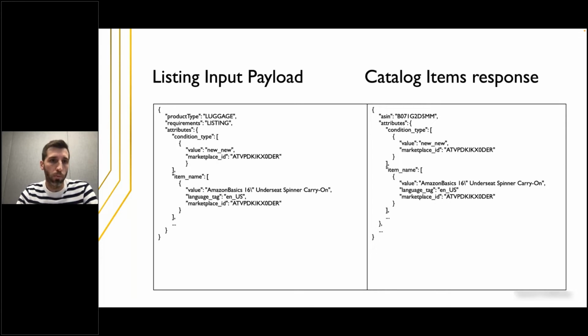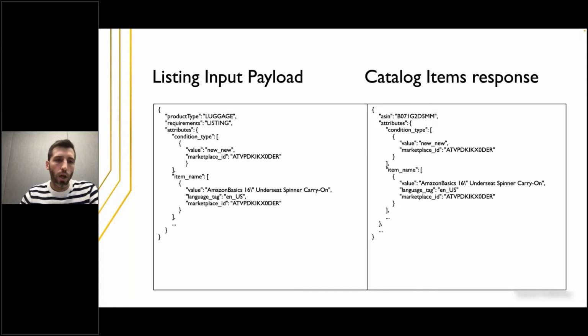As we mentioned before, they are compatible. So whatever you have in the catalog items API response, you can use it smoothly in the listings item input.